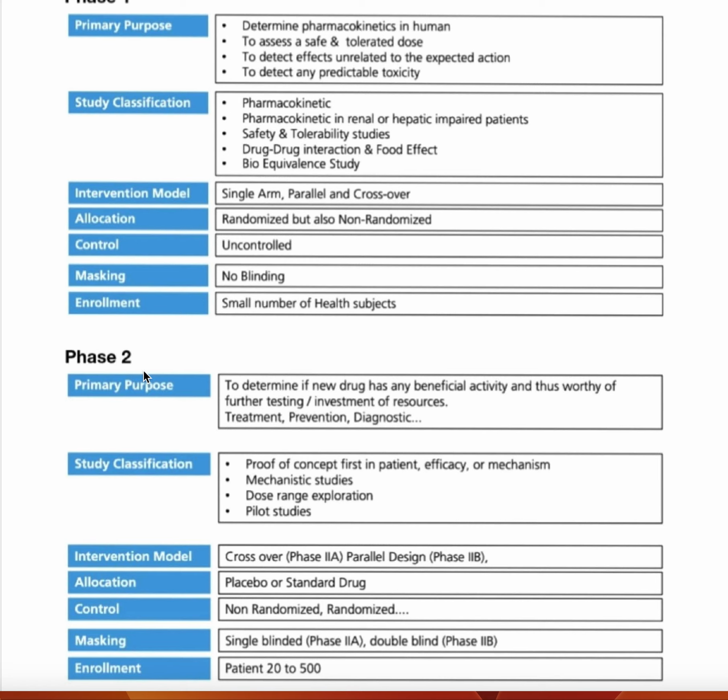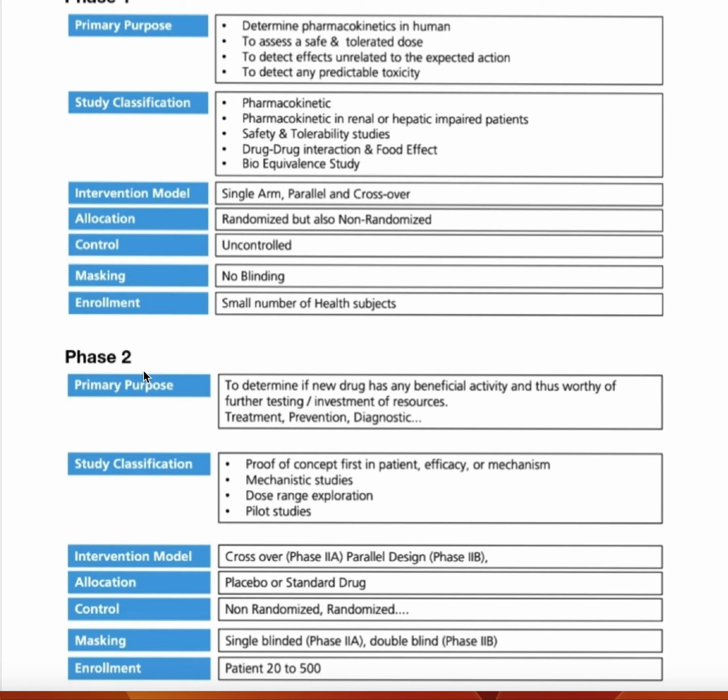The masking, yes, it may be used because we want to know the real effects of the drug. And actually the masking is single blinding or double blinding. And here we use 100 to 500 patients.